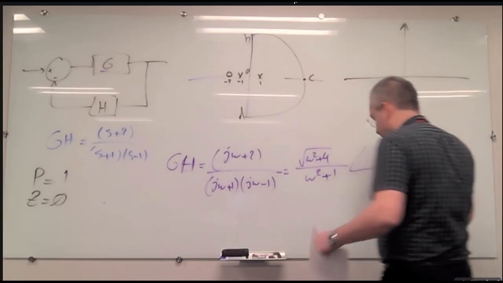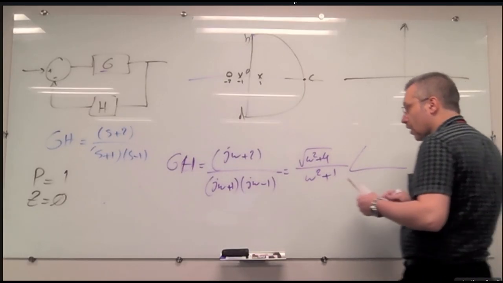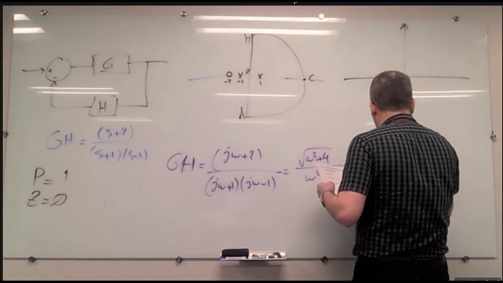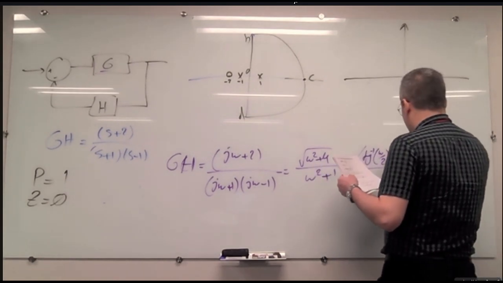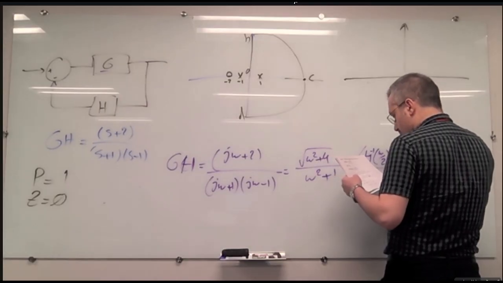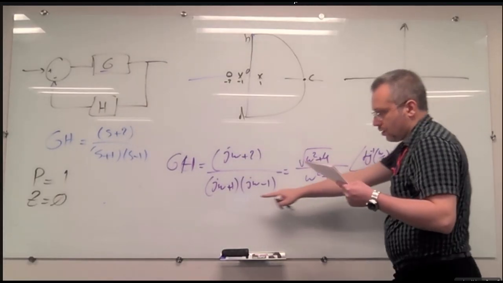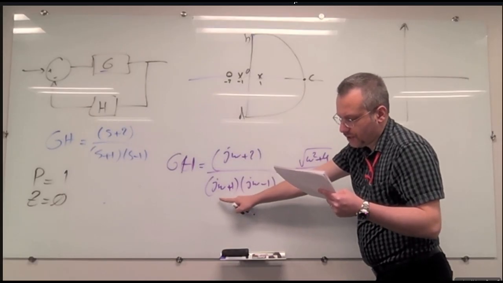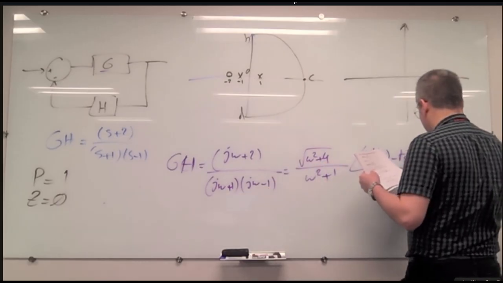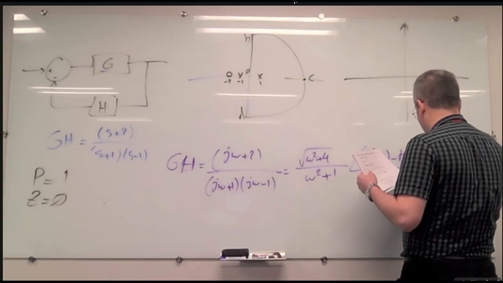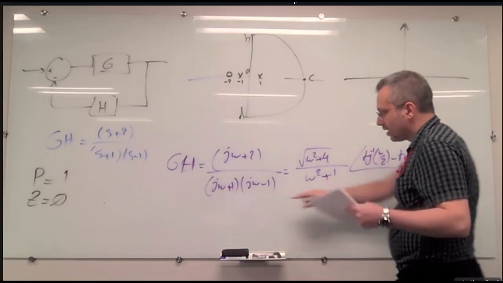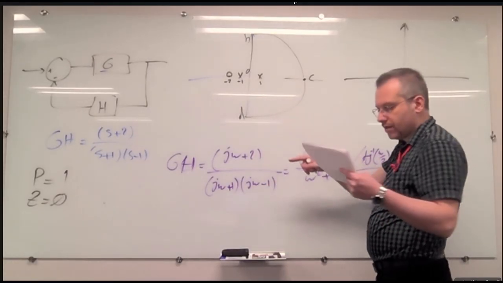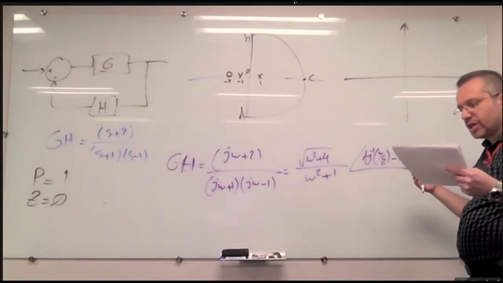And the phase is going to be the tan inverse of our numerator, minus the tan inverse of this omega, minus this one, which is minus 1 over omega, so it's going to be 180 minus tan inverse of omega.